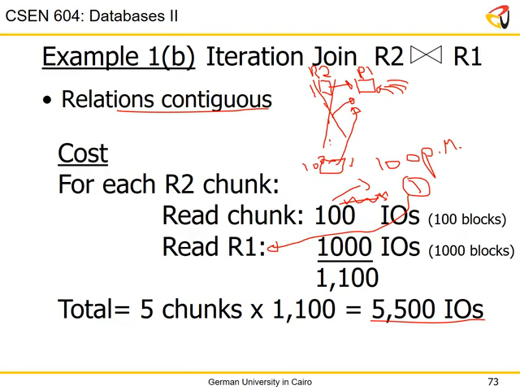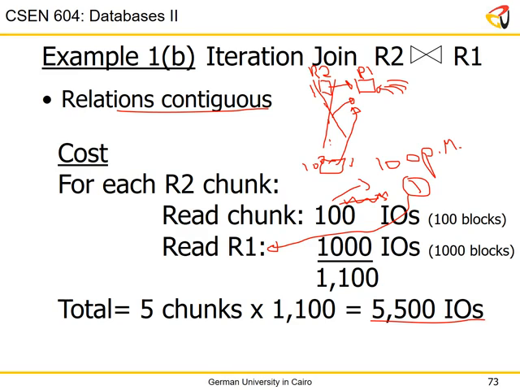And since R1 has 1,000 pages, I will spend 1,000 IOs to read the 1,000 pages, page by page, in order to do the comparison. Remember, we're doing all this because I would like to compare R2.c with R1.c. So I will load a page of R1 into the available memory slot using 1 IO, and then I will match R2.c in the chunk with R1.c now in memory.